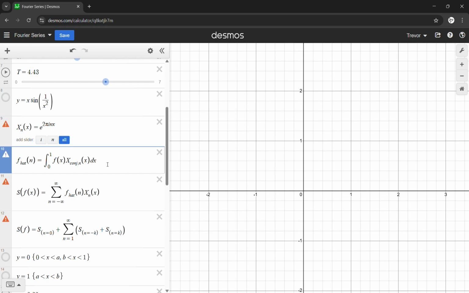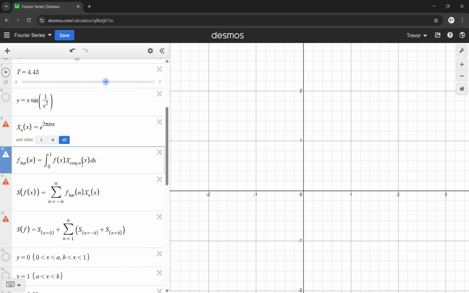You find an antiderivative, you put in 0 to 1, and you get a numerical value that's based on your n. That's why this is a function of n here, because we integrated out all the x's, but we're left with this n right here. And this is the Fourier transform.